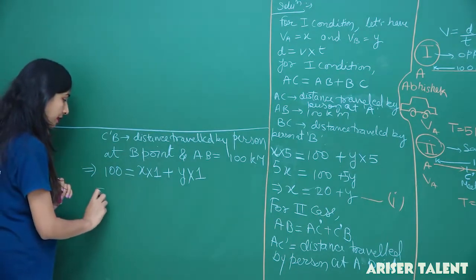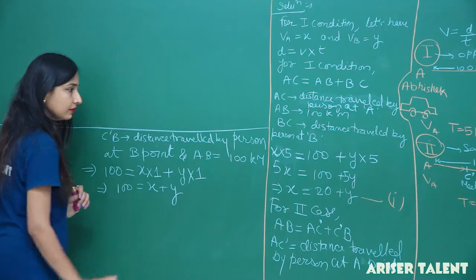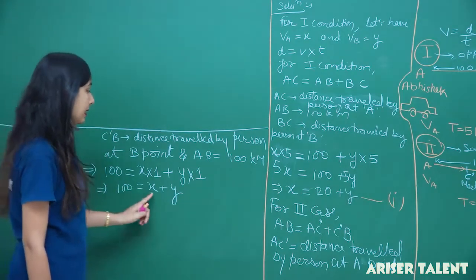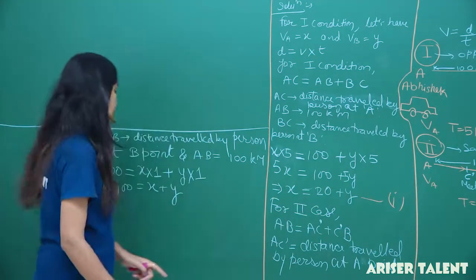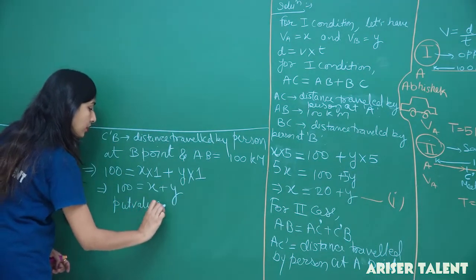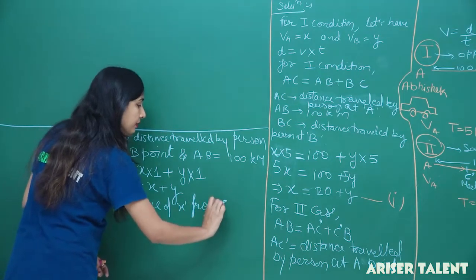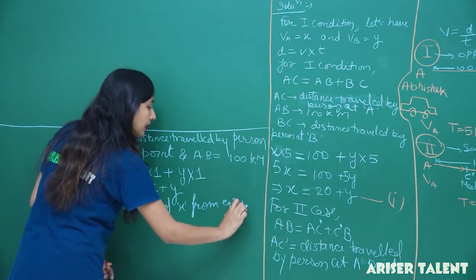Now that will be 100 equals x plus y. Now students, look at this, x equals 20 plus y. Put the value of x from equation 1 in equation 2.